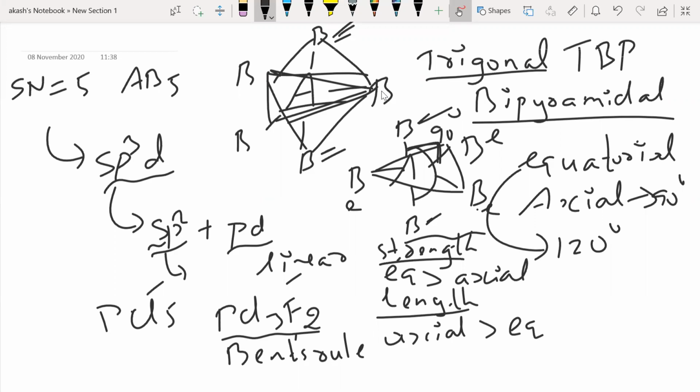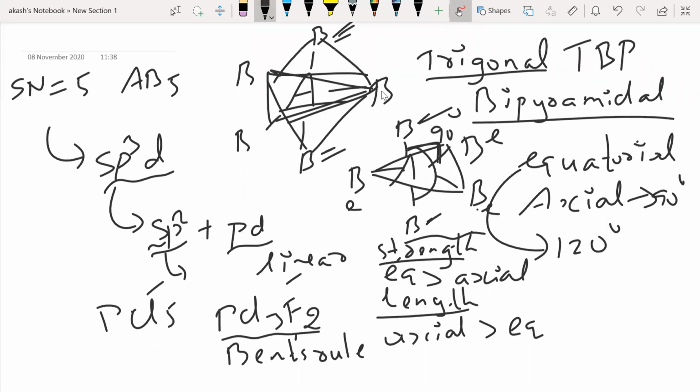So in case of an unsymmetrical molecule with TBP geometry, the more electronegative element should be placed in axial position.